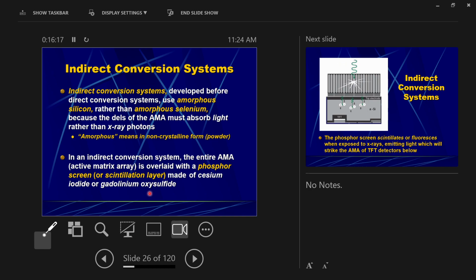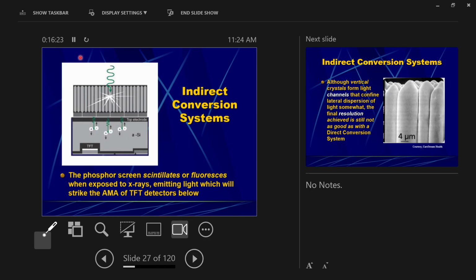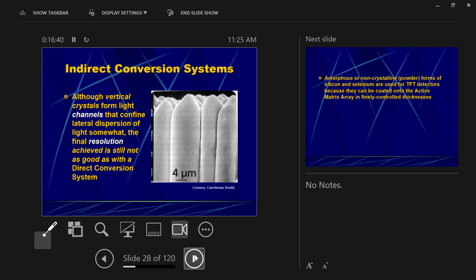Then the visible light exposes the semiconductors, the deck cells. So here's a quick picture of how this works. From top to bottom, X-rays come in and hit these crystals. Cesium iodide and gadolinium oxysulfide are in the form of microscopic crystals, tiny crystals, but crystals.